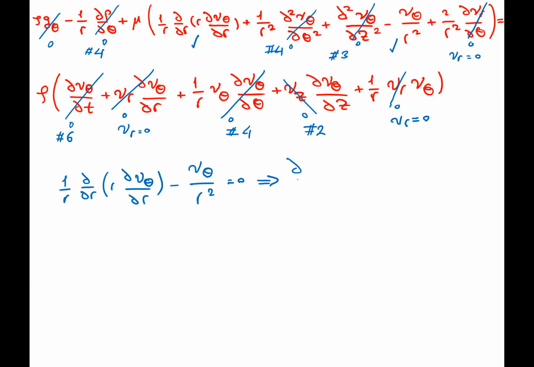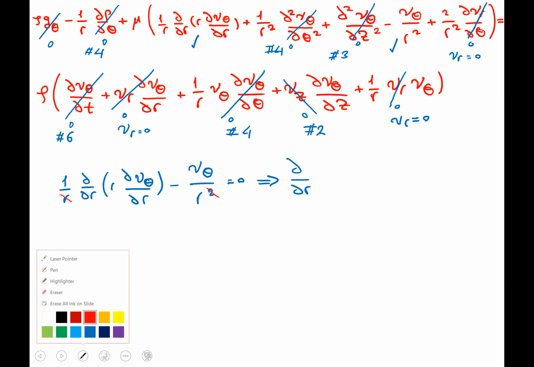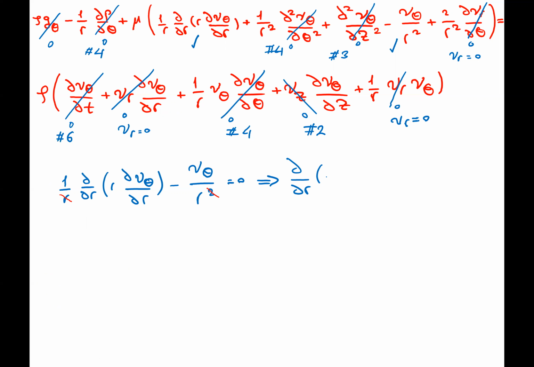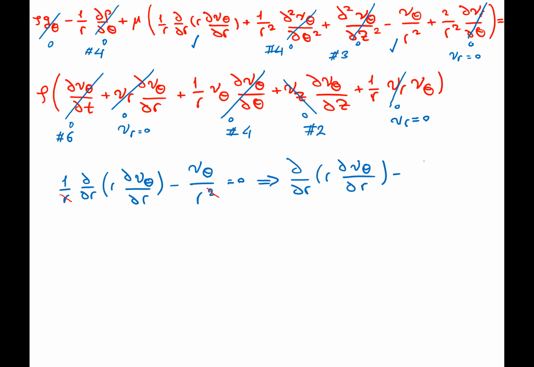What I'm doing here is multiplying this equation by r, and then this is gone, and this thing here is also gone, right? So it's just the first derivative with respect to r of r times the first derivative of v theta with respect to r, minus v theta over r equal to 0. So this is what we have, right? And we want to solve this equation.